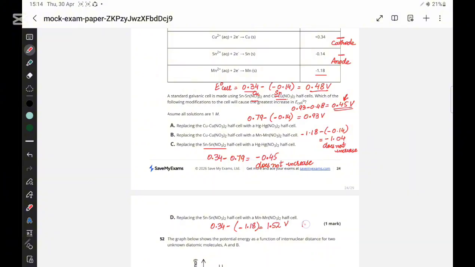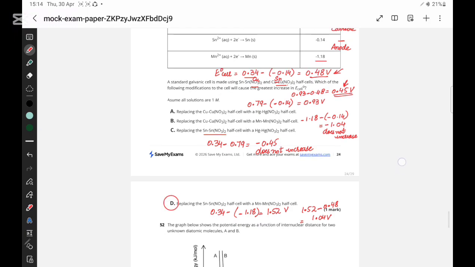When you subtract the original value, 0.48, from 1.52, you get 1.04 volts, which shows us the maximum increase. So option D is going to be the right one.